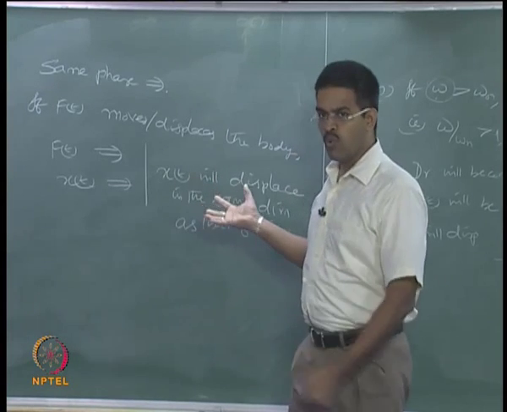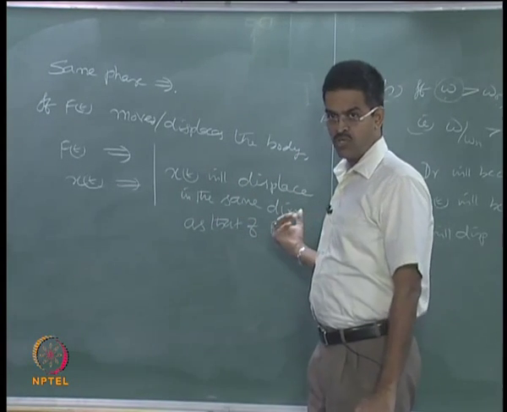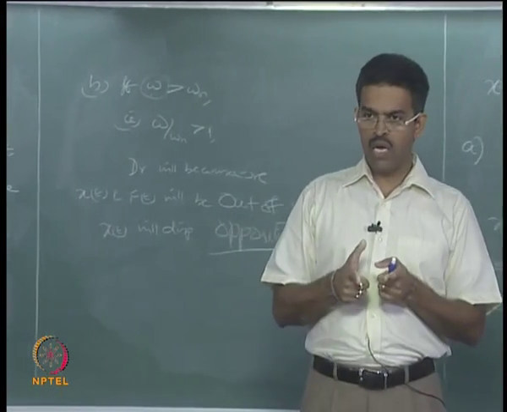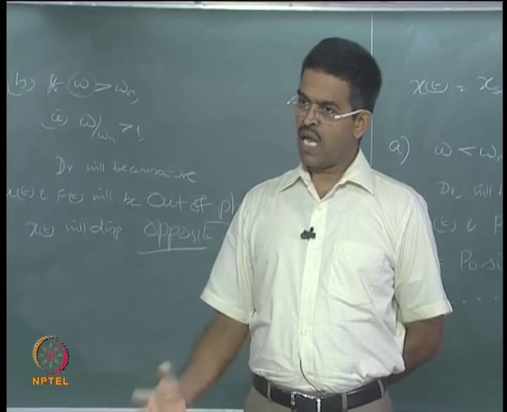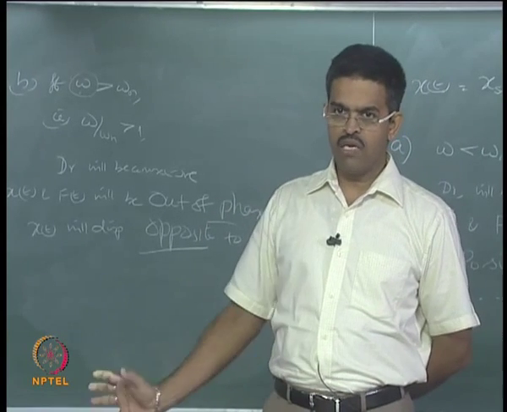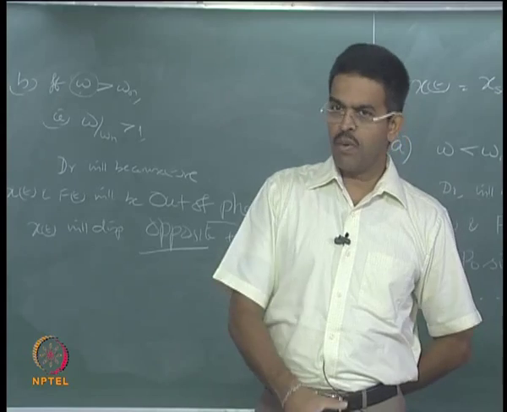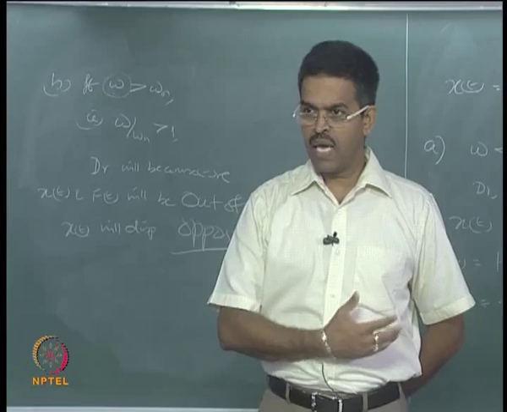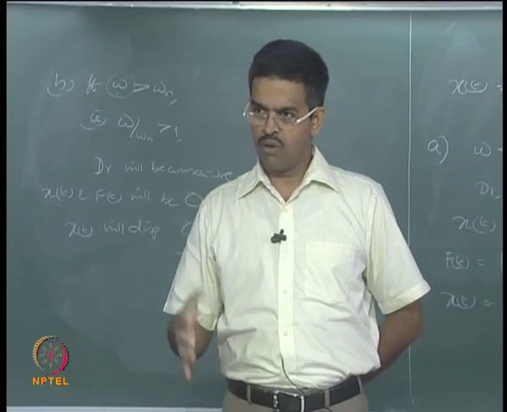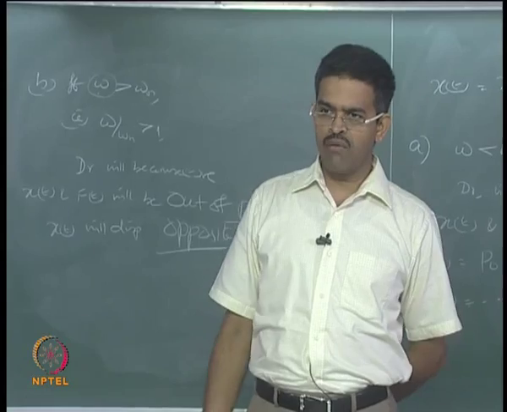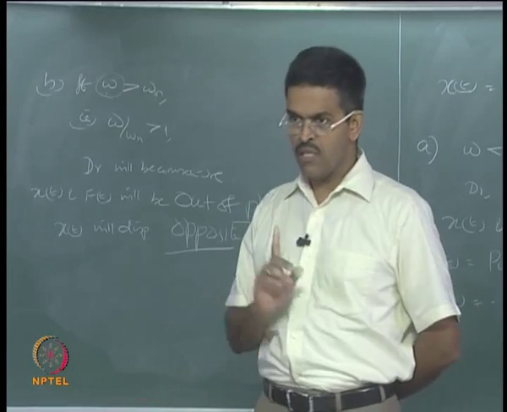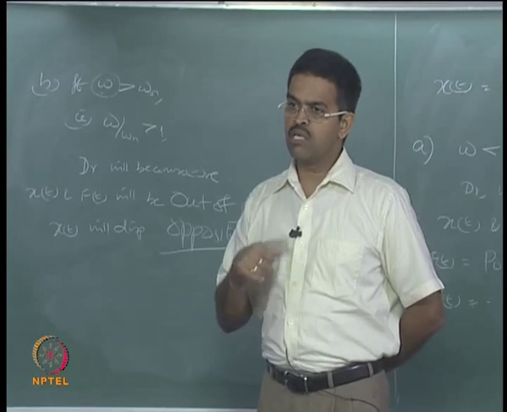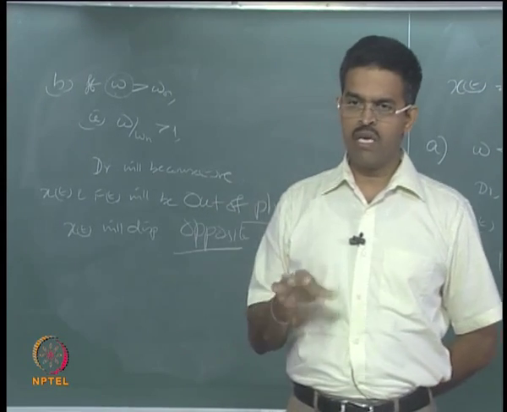The structure can move in line with the force, the structure can oppose the force, because omega is a range. It can be equal to omega n, which we are not discussing now. It can be lesser than omega n and can be more than omega n also in a given service period, a given day of a structure also. At 8 o'clock omega can be lower than omega n, suddenly at 9 am a high wave comes and omega is exceeding omega n. It means dynamic loading imposed on offshore structures automatically triggers fatigue response to the system.